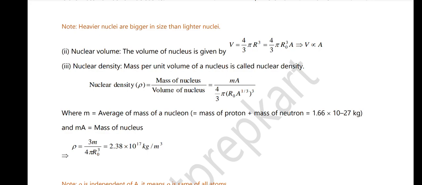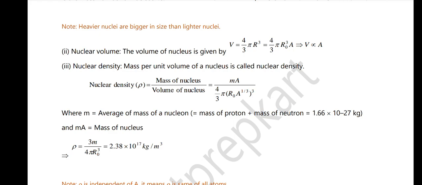Next is nuclear density. As you all know, you learned in 10th, it is mass per unit volume of the nucleus. The mass per unit volume of the nucleus is called nuclear density. Nuclear density is equal to the mass of the nucleus divided by the volume of the nucleus, that is m times A divided by the volume of the nucleus.